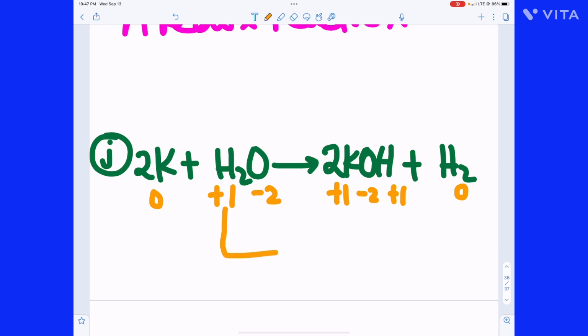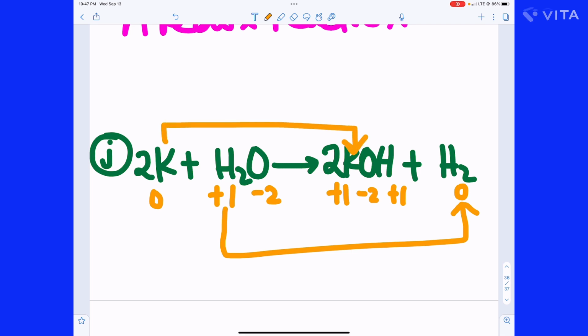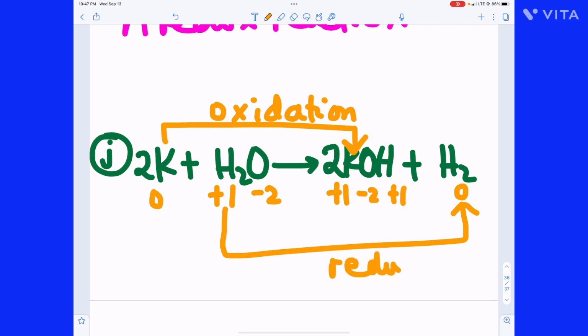So you notice hydrogen decreased in oxidation number from left to right, while potassium increased in oxidation number from left to right. So we call this an oxidation, and what do we call this?